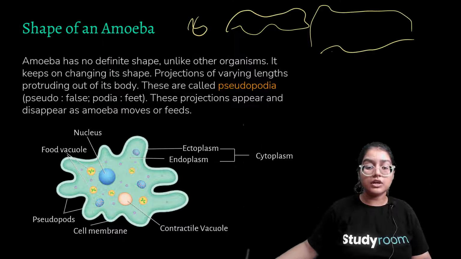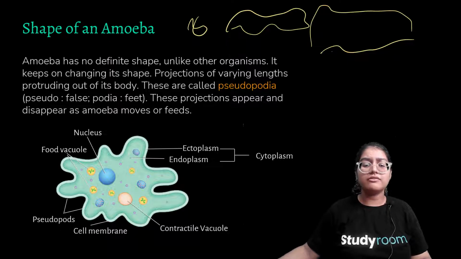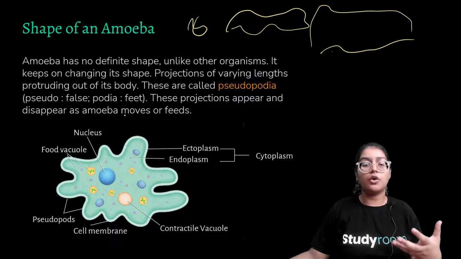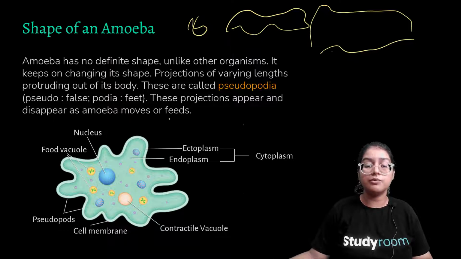The structures coming out of amoeba are called pseudopodia. Pseudo means false feet, so you can see it's a false feet kind of structure. For example, in humans we have feet, so amoeba also has feet, which are called pseudopodia. These projections appear and disappear as amoeba moves or feeds.